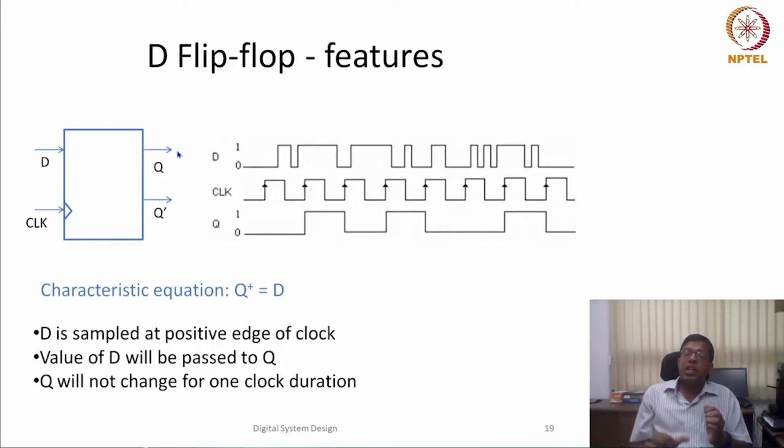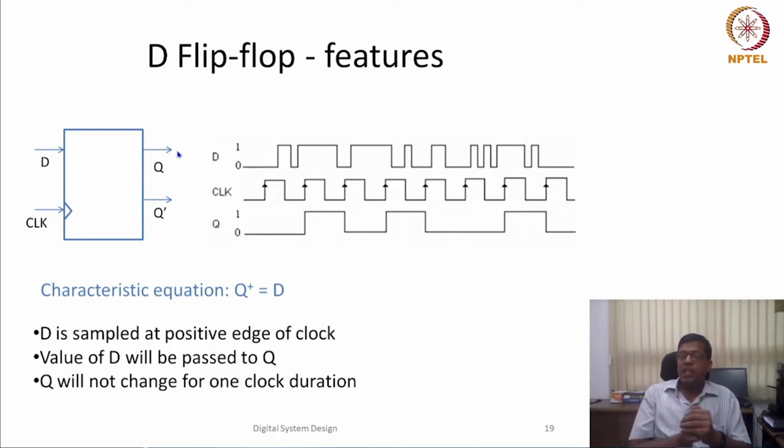This gives me a clear advantage that my circuit will not go wrong because my inputs are stable. Because they are coming from a flip flop, there is no chance that my input will change before the output has come.